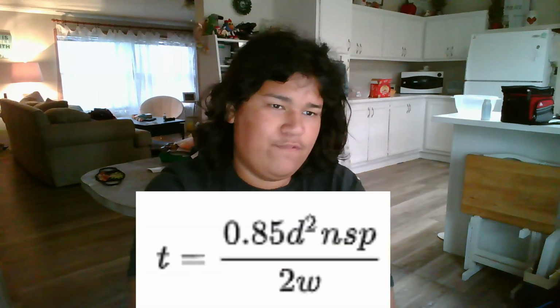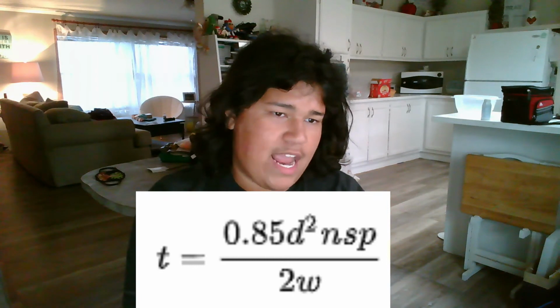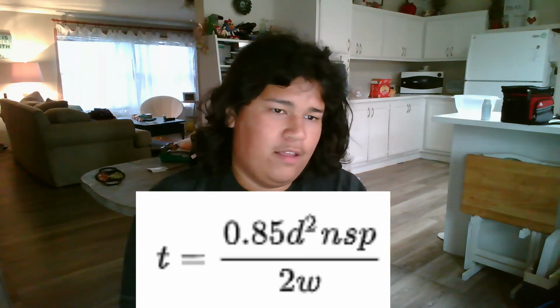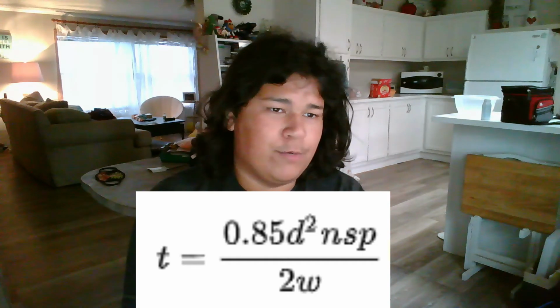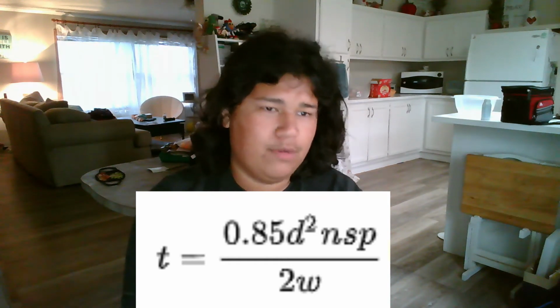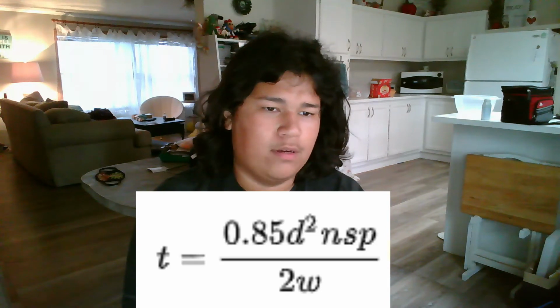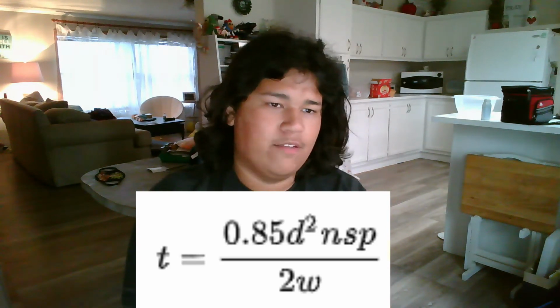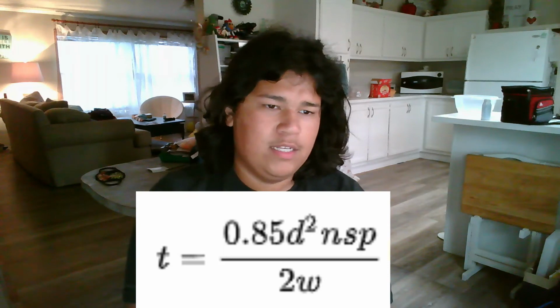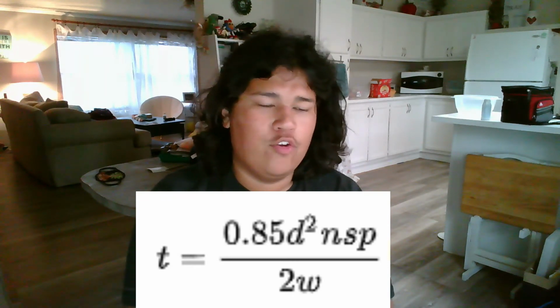Alternatively, tractive effort of all locomotives can be calculated thus: tractive effort equals 0.85 times the piston diameter in inches raised to the second power, times the number of cylinders, times the piston stroke in inches, times the maximum rated boiler pressure, divided by 2 times the diameter of driving wheels. And that's about it for that one.